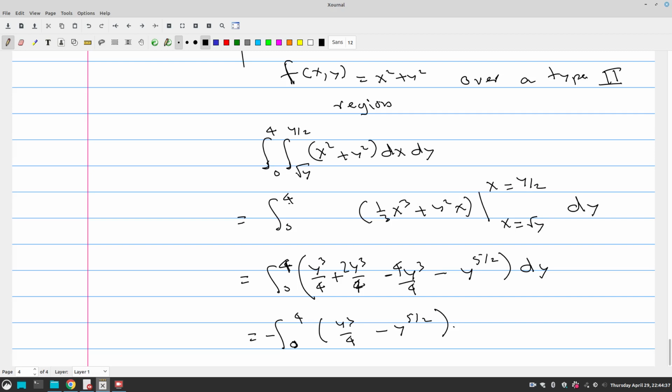Now I think this makes more sense, right? And then you have 0 to 4, 1/3 x cubed.